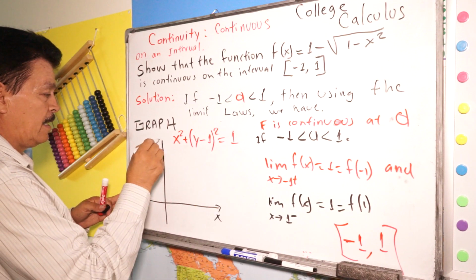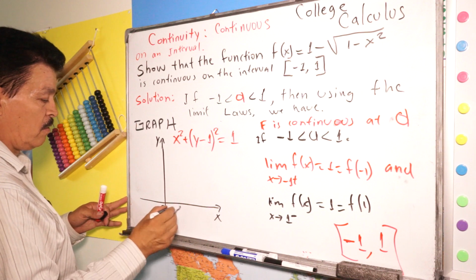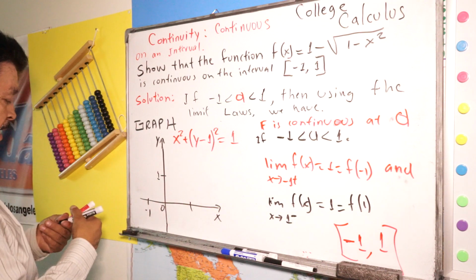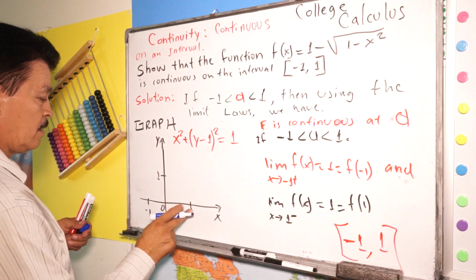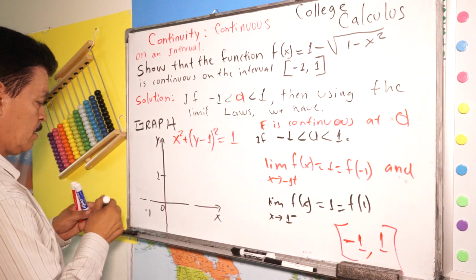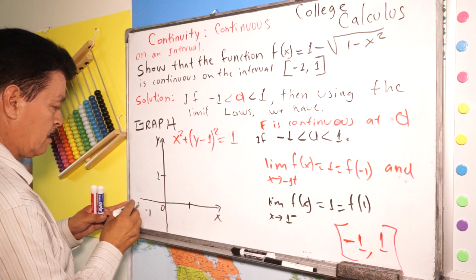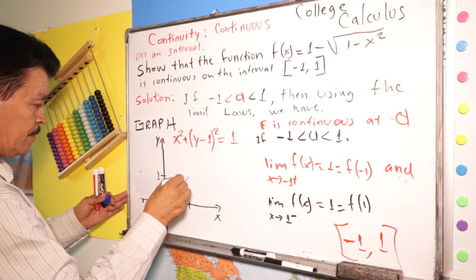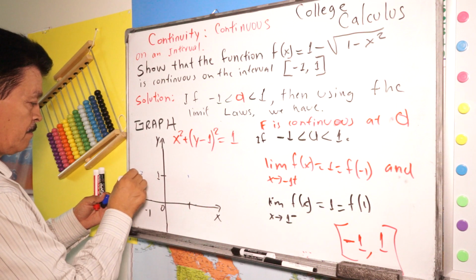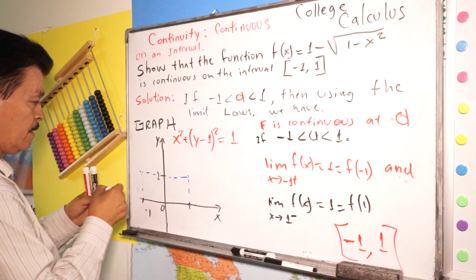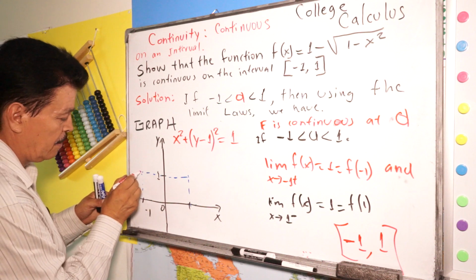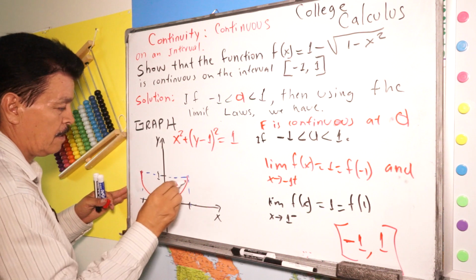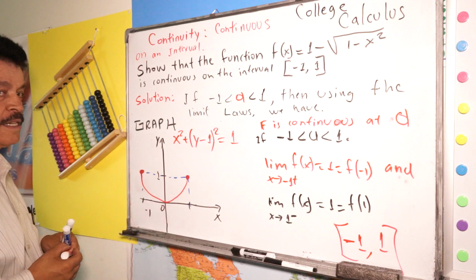This is x, this is y, with 0, 1, -1, and 1. So the graph looks like this.